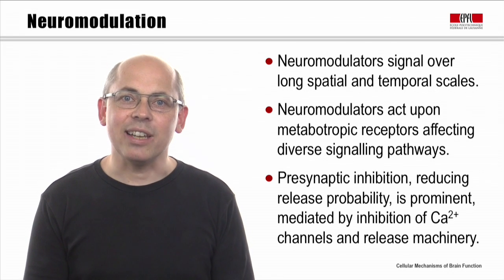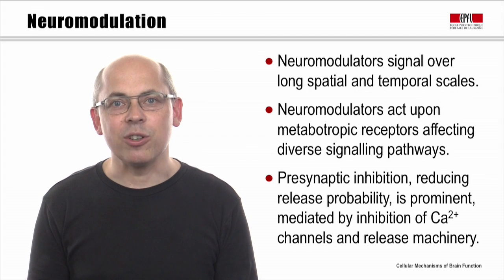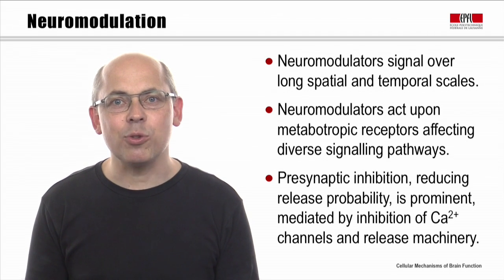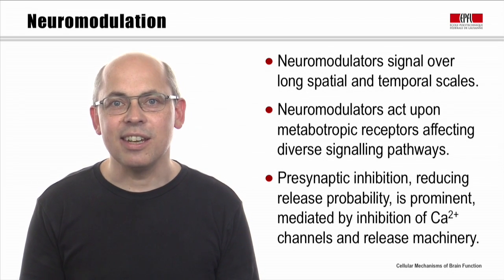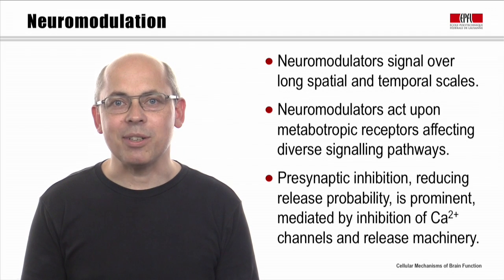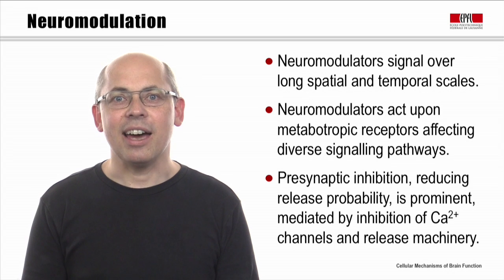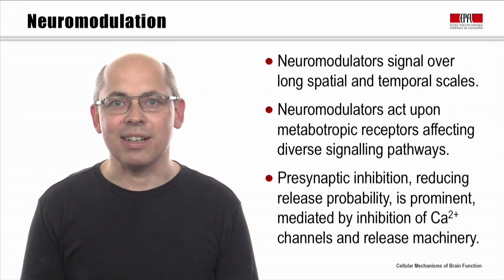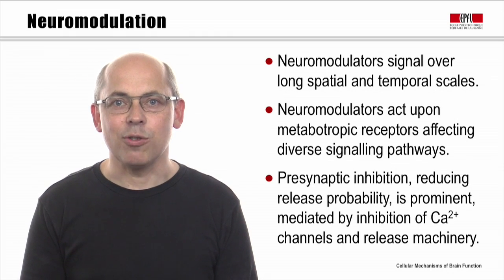The neuromodulators are also particularly interesting because they act on this long timescale and in a more diffuse way. They're also amenable to pharmacological interventions. And there's a great deal of interest in trying to specify which receptors are responsible for which types of neuromodulation and how that interacts with different brain diseases, which is an area of intense research in neuropharmacology.